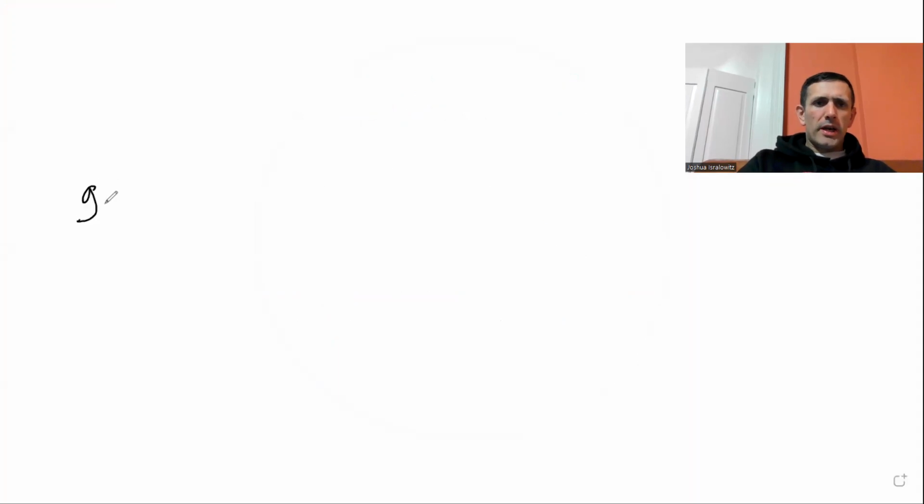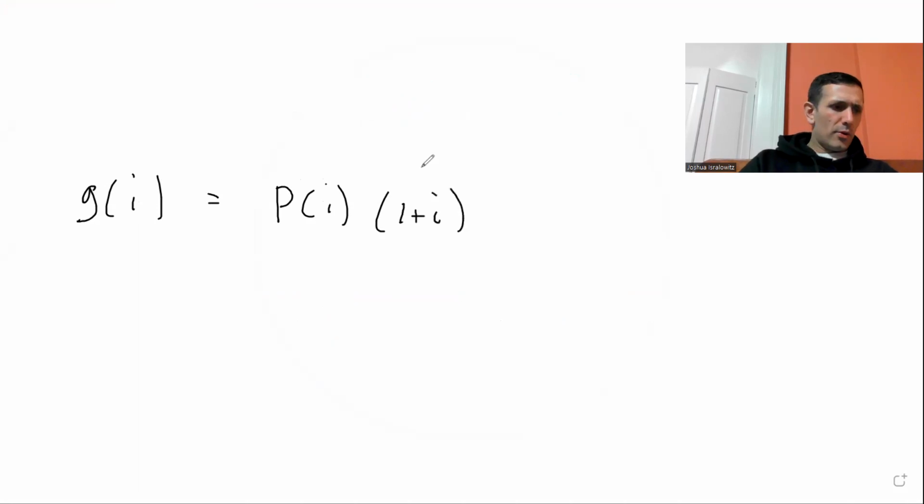I'm going to look at the following function, which is the price of an annuity at this interest rate I times 1 plus I to the Macaulay duration at some given interest rate I0. Okay. So I is sort of like my new interest rate that's close to I0, but I'm still thinking of this as a function of I.